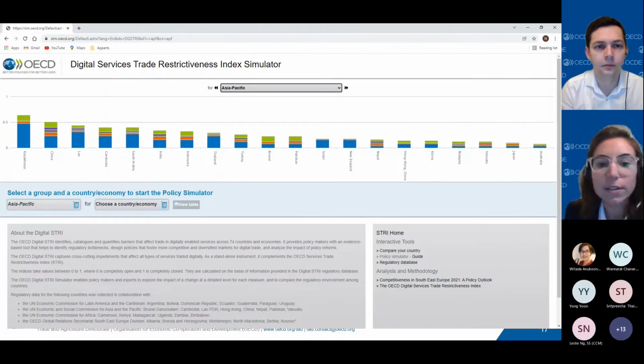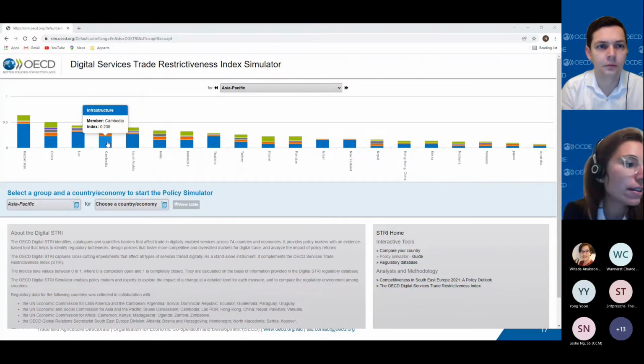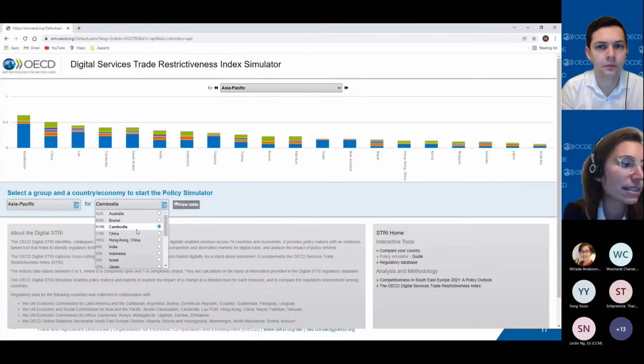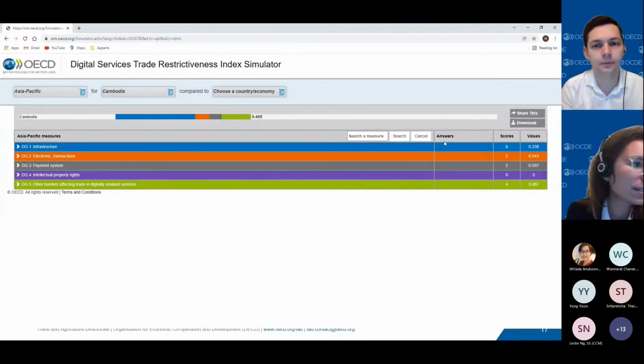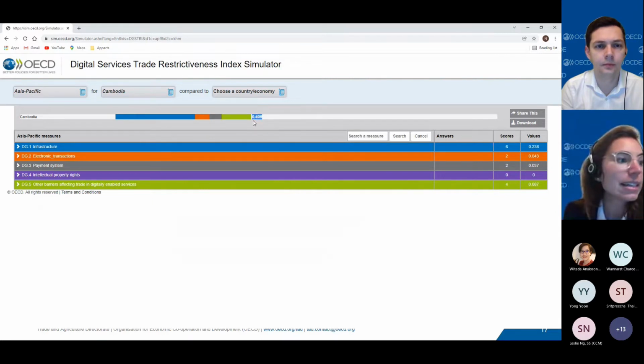The first question is, what is the current level of restrictiveness in this economy? As you see, Cambodia is here, so we can select it. The current level of restrictiveness in Cambodia, as described by the DSTRI index, is 0.4.